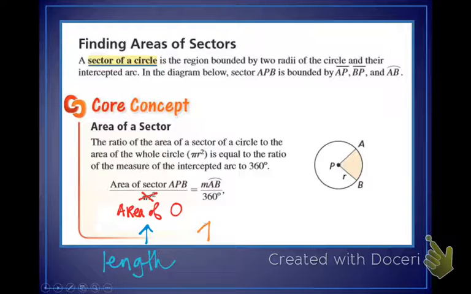All right, and the second fraction, what do we say that fraction is in? Degrees, thank you. It's also written on the wall. So first fraction is in length, second fraction is in degrees. It's very similar to the arc length formula, except we're doing it with area.